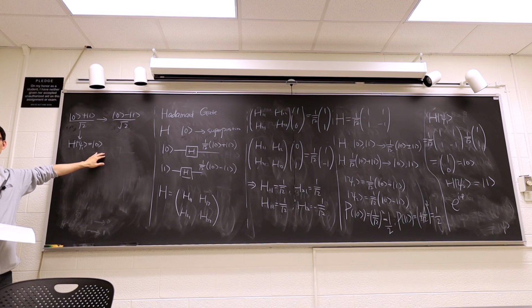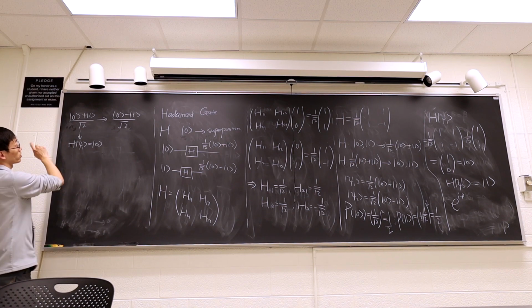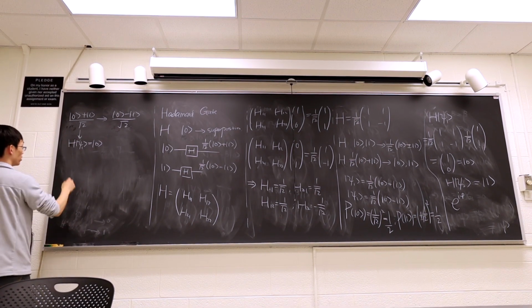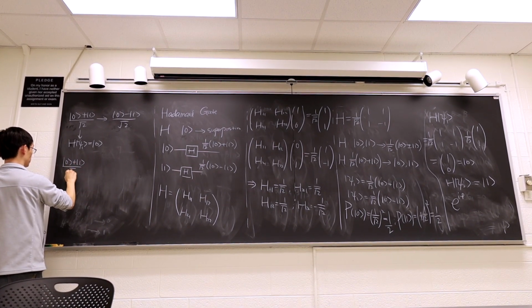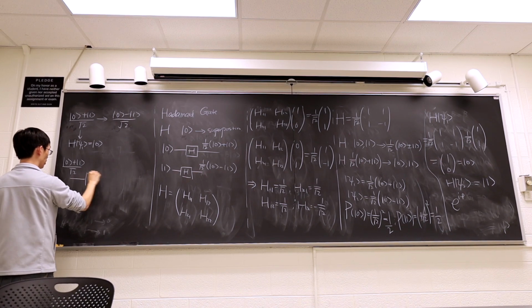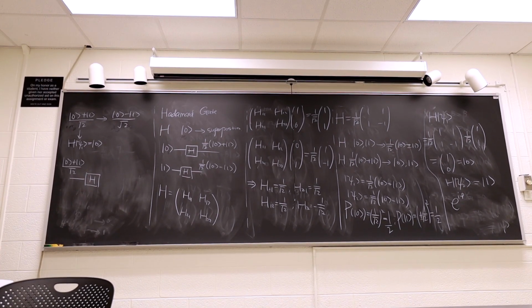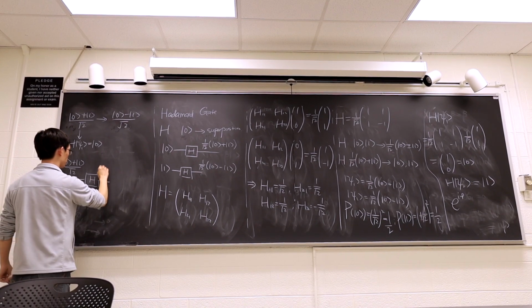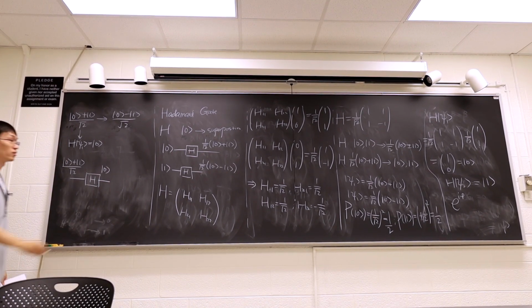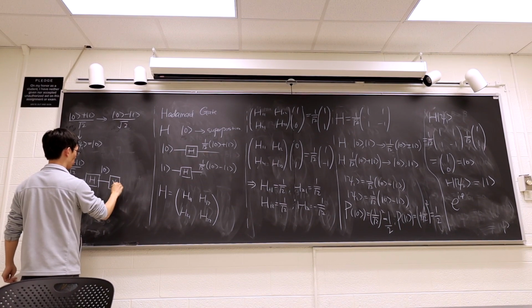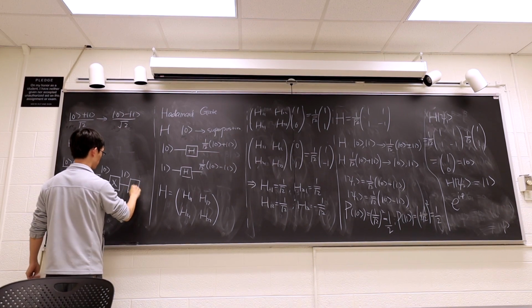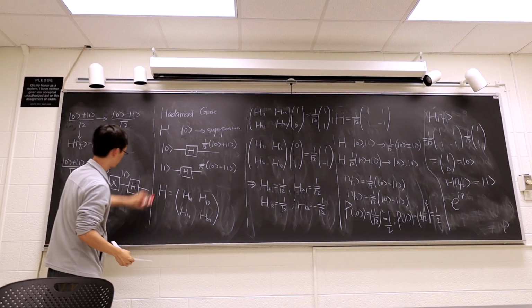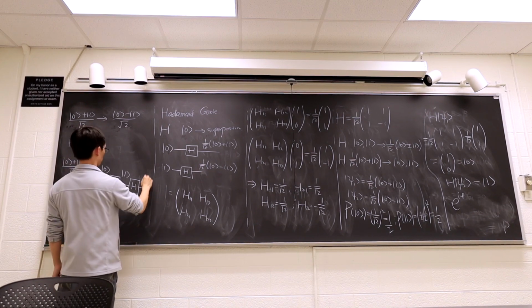Also, we know you can use the NOT gate to change 0 to 1, right? So you don't have to build a specific gate for this. Instead, you have an input like this, and you first do an H gate, which turns it into 0, and then you do an X gate, which changes it into 1, and then you do an H gate again, and the outcome becomes this.